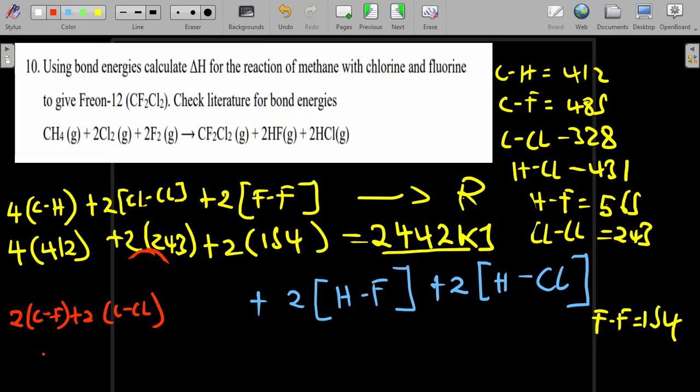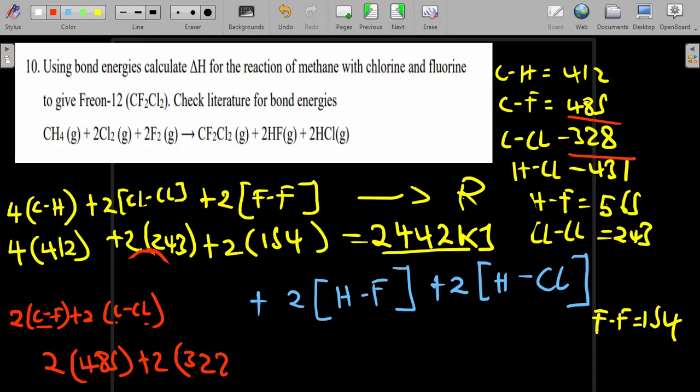So here it will be 2 multiplied by what is the CF bond? The CF bond is 485. So I'll put 485 there. Right, so this will be 485 plus 2 multiplied by C to Cl. C to Cl is just 328.